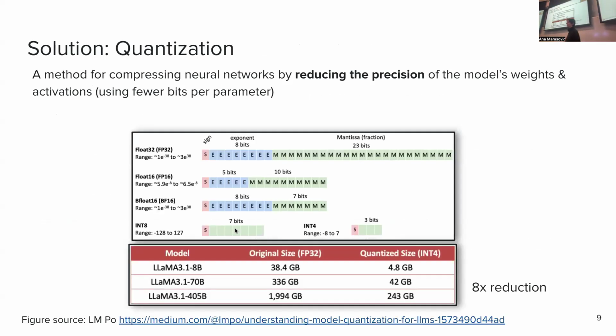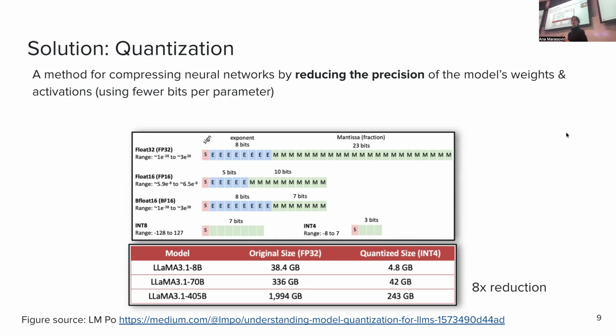And the solution that's super typical today, and that you will all use if you end up using LLMs in your jobs or in your research, is quantization, which is a method for compressing neural network weights and activations or representations by reducing their precision, by using fewer bits per parameter or per activation number. Now, I won't go over this.